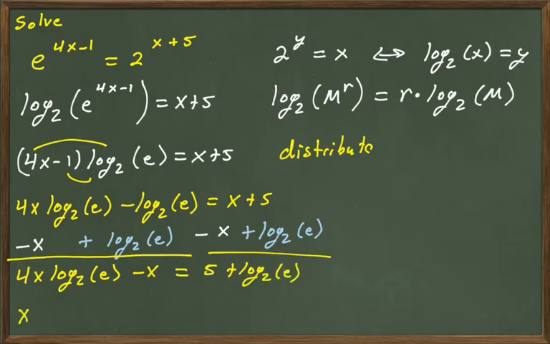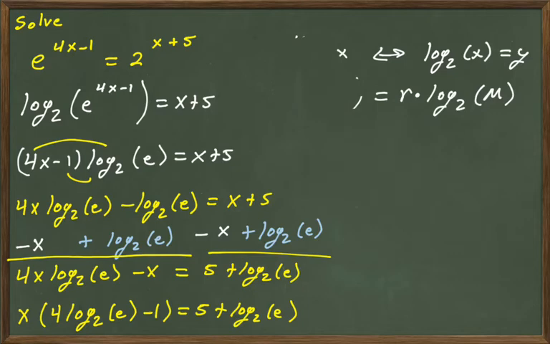We're going to factor an x out of the left-hand side, so we'll have x times the quantity 4 log base 2 of e minus 1, and that's going to be equal to 5 plus log base 2 of e. Okay, we'll go ahead and send this up to the upper right-hand corner.